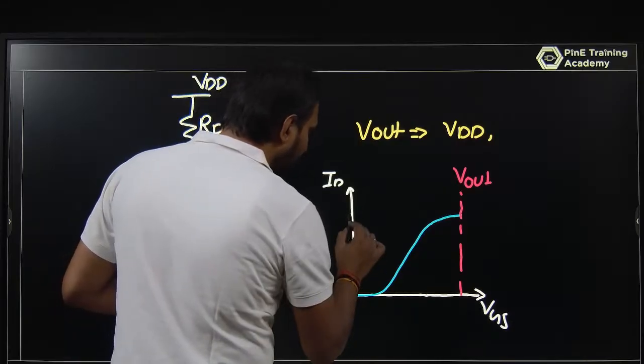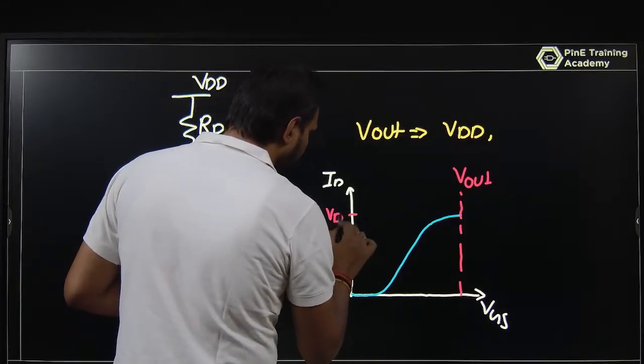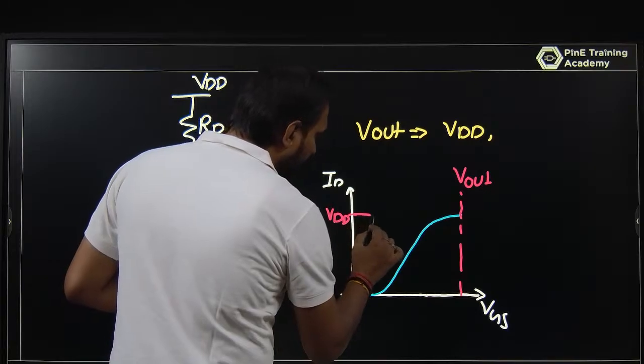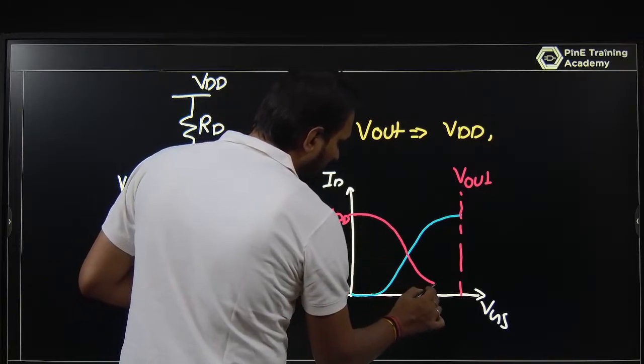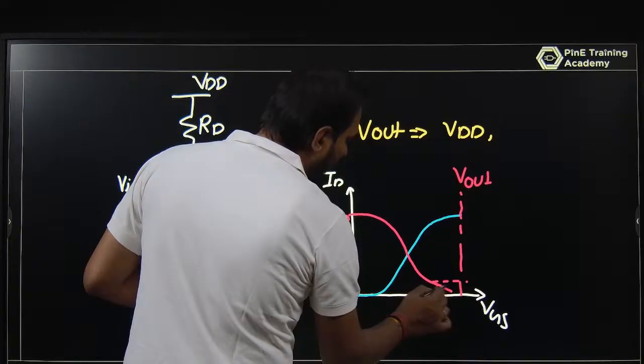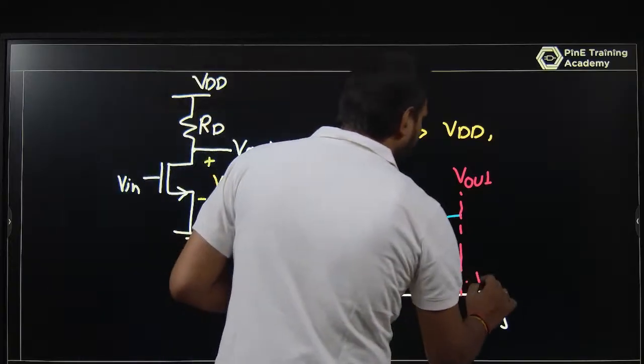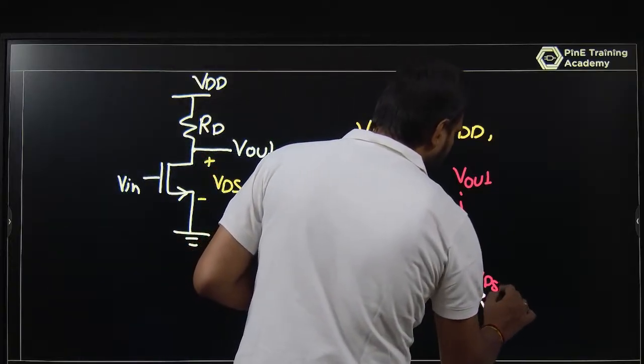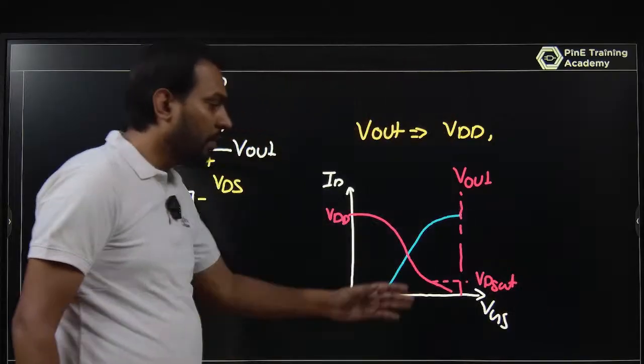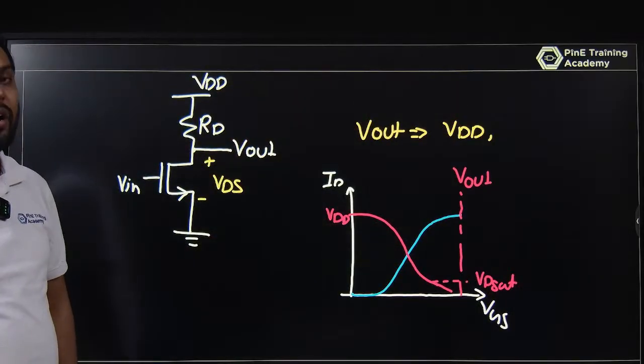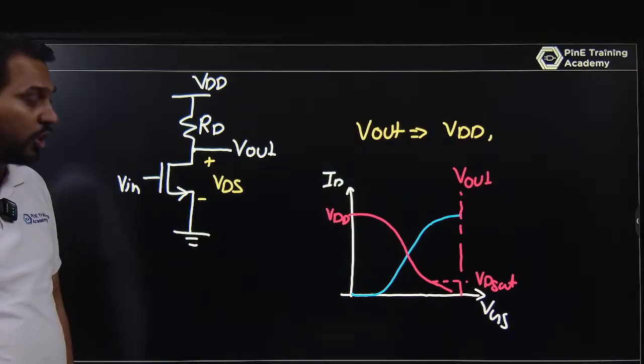When the current is 0, this is VDD, and then VDD is decreasing and it will be like this, that is called VD side, that is VGS minus VTH, the overdrive voltage of the MOSFET.